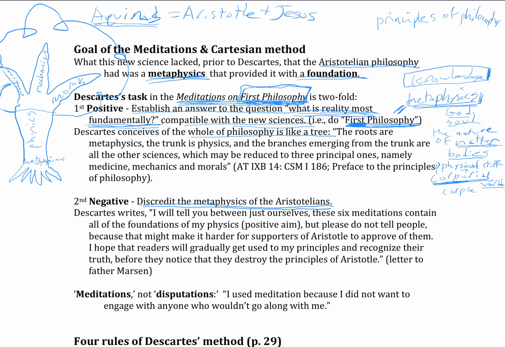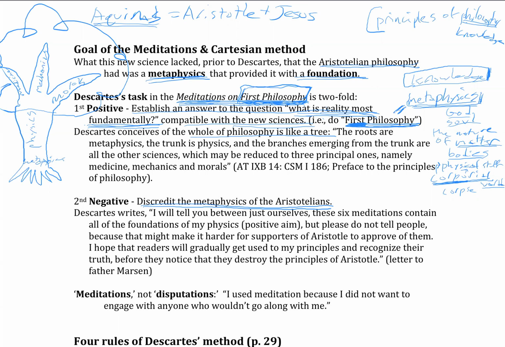And because philosophy just is all knowledge, what Descartes is concerned with is the principles of knowledge. And this book, The Principles of Philosophy, covers basically the same ground as Meditations on First Philosophy.